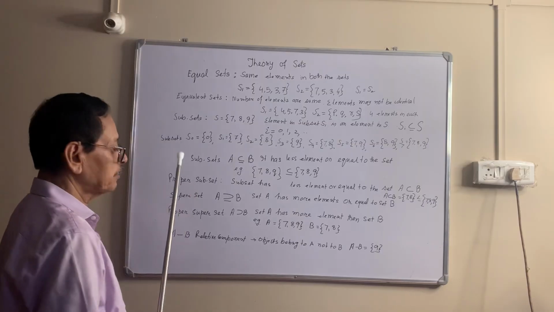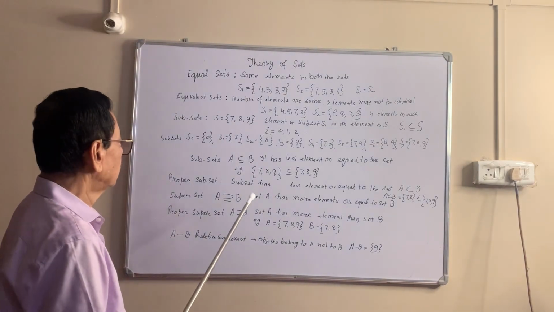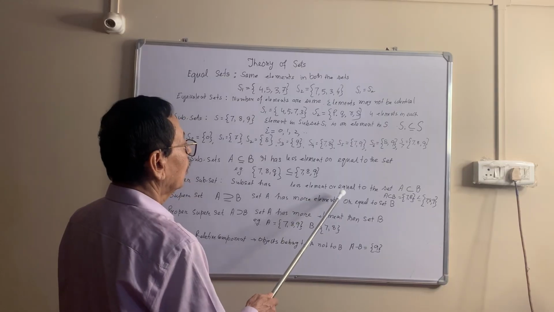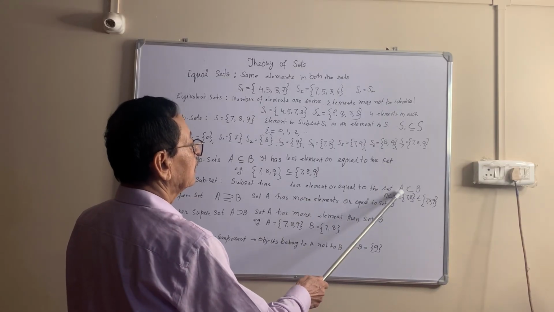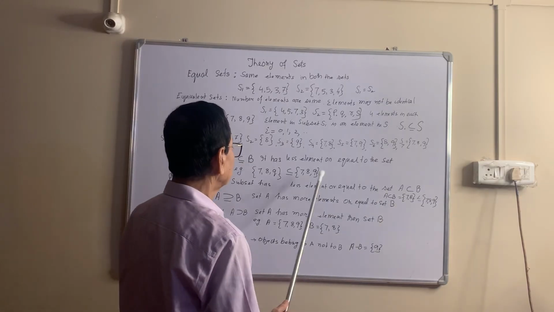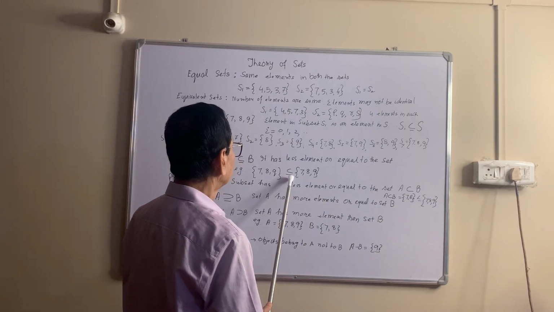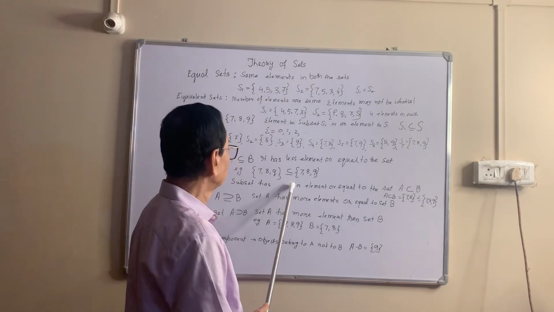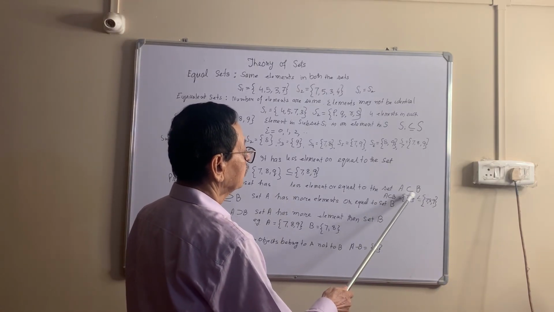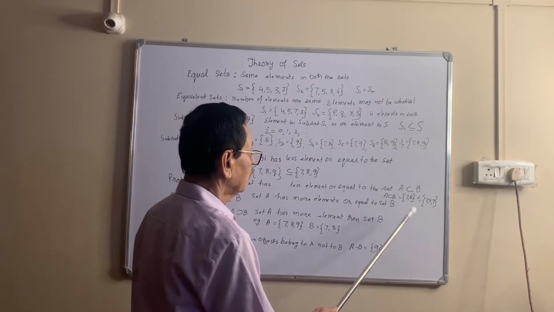Now proper subset. A subset has fewer elements than or equal to the set. In a proper subset, we generally do not put the line on this side. It is the U symbol, written with the reverse.